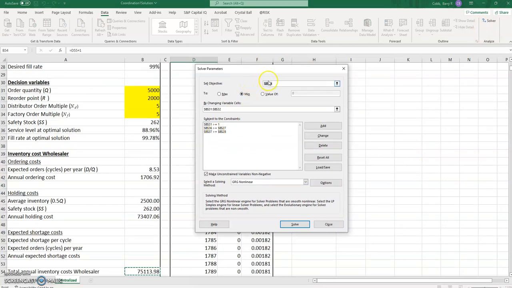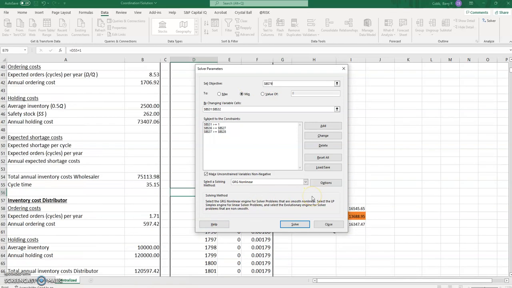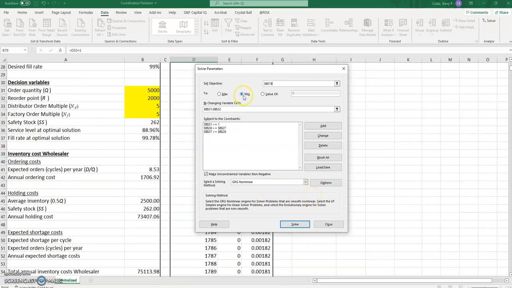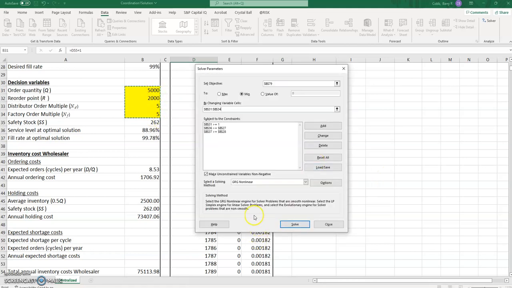We'll make an adjustment to the solver parameters. The biggest adjustment is to change the objective to be the total supply chain cost. We still want to minimize that. But now for changing cells, we've got 4 changing cells: the 2 cells for the wholesaler, and then the distributor and factory order multiples.